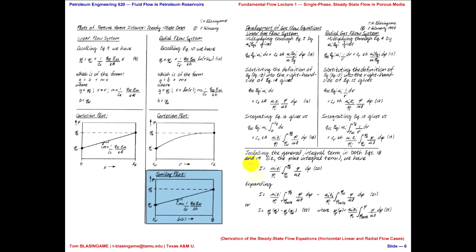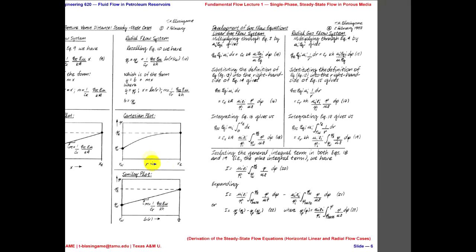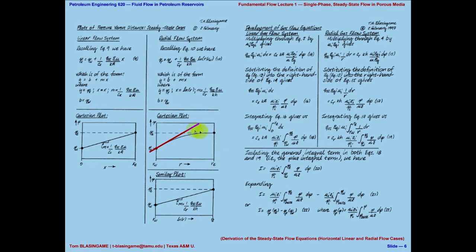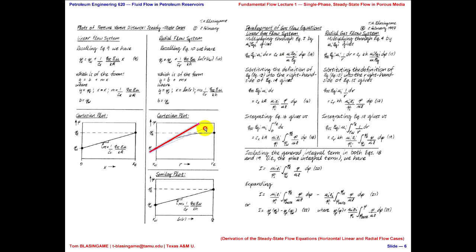Class, tell me something. Where is the highest gradient? What can you learn from this? Where's the highest gradient? At the wellbore, right? What does that mean? And then what happens out here?